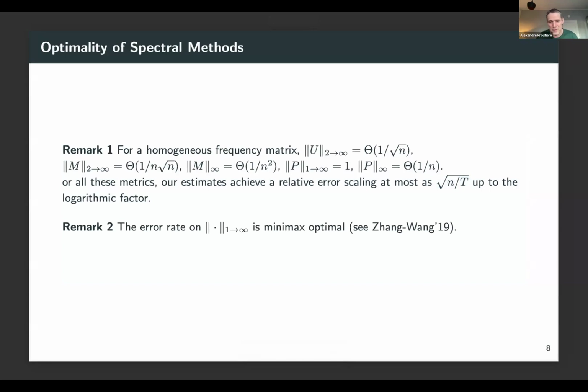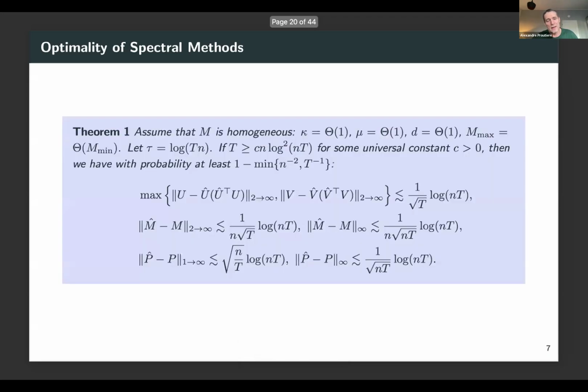We have a good reason to believe that this is minimax optimal because there exist minimax lower bounds for this kind of estimates. And this is a paper by Zhang and Wang in 2019. Here I gave just the result for homogeneous matrices, where we control kappa, the condition number, the coherence of the matrix, and so on. But actually, we have results for any matrix, where the dependence on kappa, mu, and so on is written explicitly in the upper bound or in the guarantees.